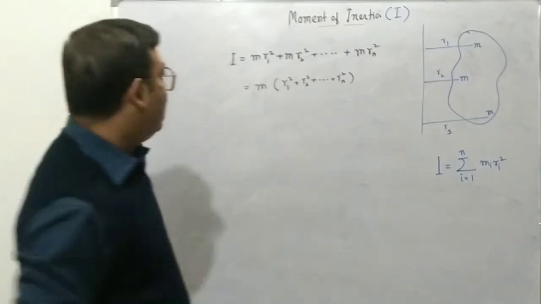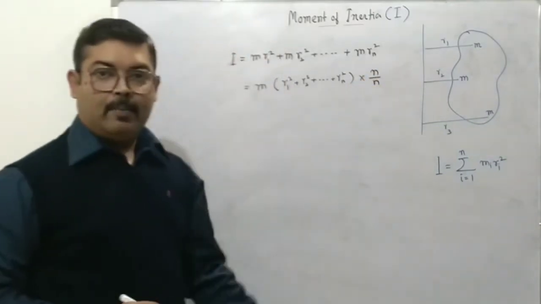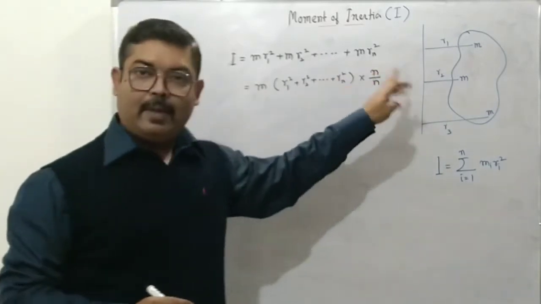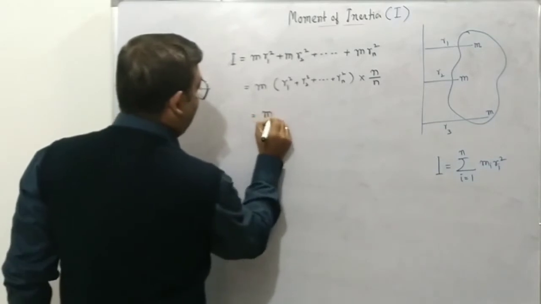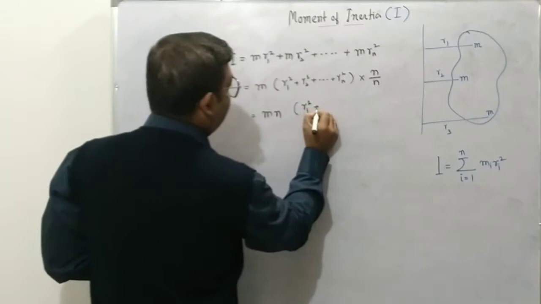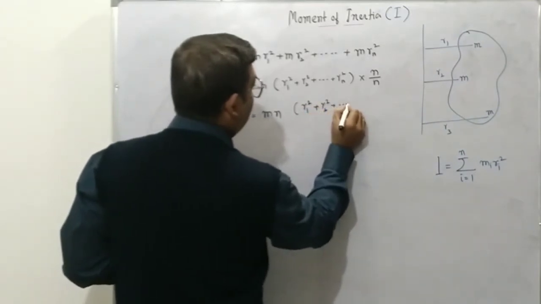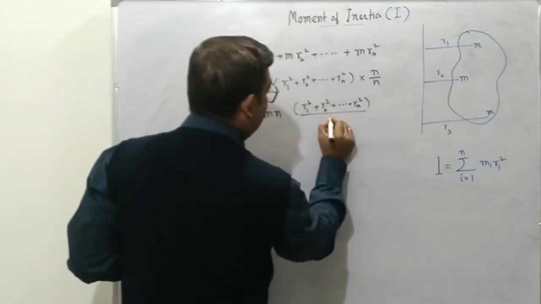Now if I multiply this by n, the number of particles, that is, we are multiplying it with unity, what we will get is m into n, then we have R1 square plus R2 square till Rn square, whole thing divided by n.